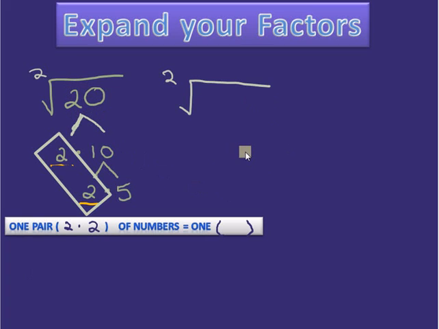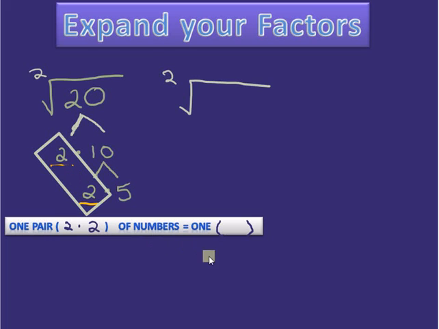When we're dealing with bigger numbers, the square root of 20, you're going to start dealing with even more prime numbers, and you're going to have leftovers. For example, with this 20, to factor it down, you use 2 times 10, and then you would factor 10 down to its prime, which is 2 times 5. There's only one pair here of 2's.